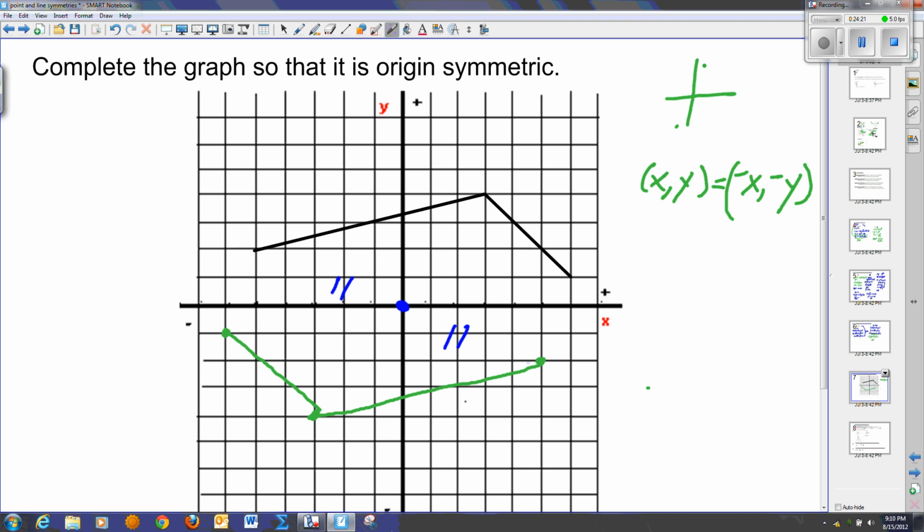And it is, which is great. I need to show that a segment drawn from that vertex down to this vertex is bisected by the origin. And it is. So this green figure is the new graph that is origin symmetric with the graph in black. That's how you go about doing that.